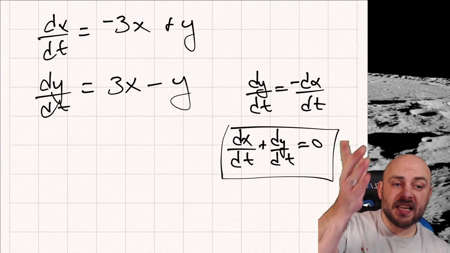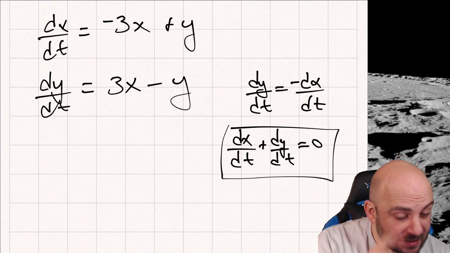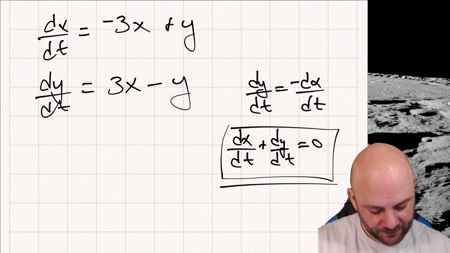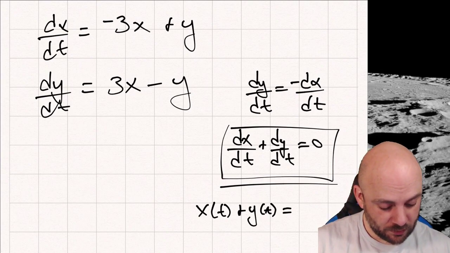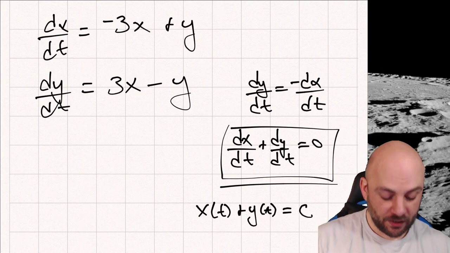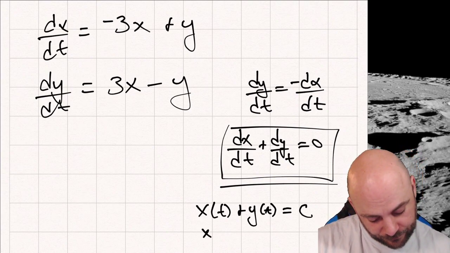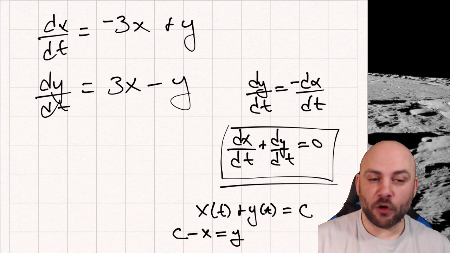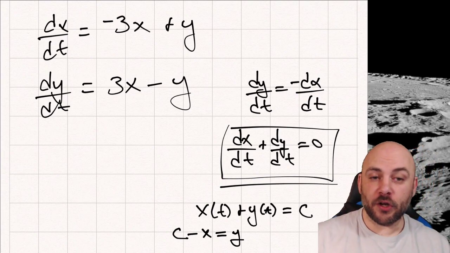Any change in x is mirrored by the exact opposite change in y, and vice versa, which means I can integrate this expression by time. x(t) plus y(t) is going to equal some constant, which means if I know x(t) and I subtract its value from c, then I will know y(t), which means I don't need to know both variables. I just need to know one of them.